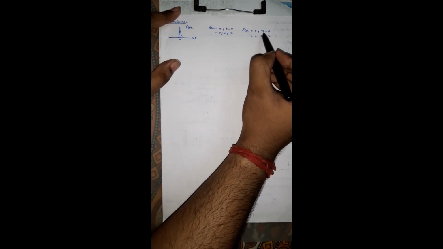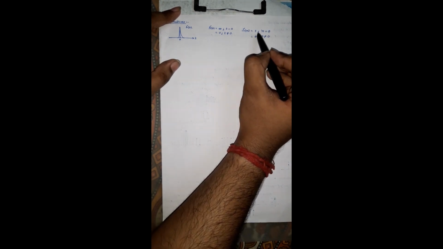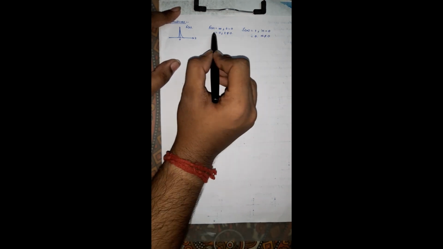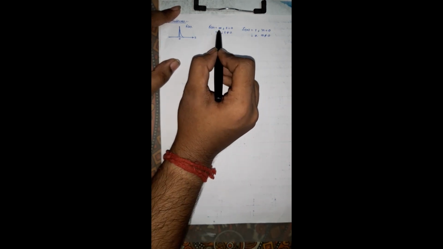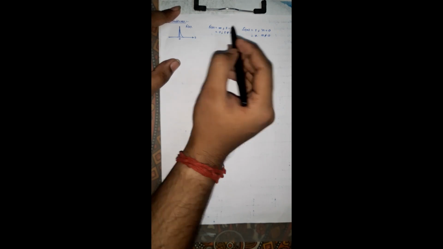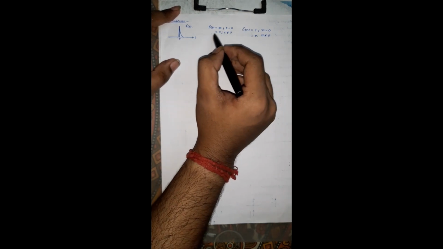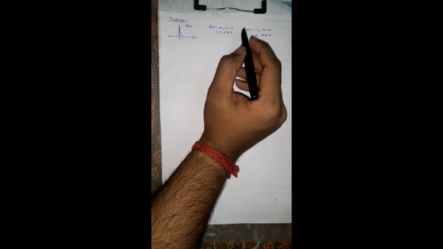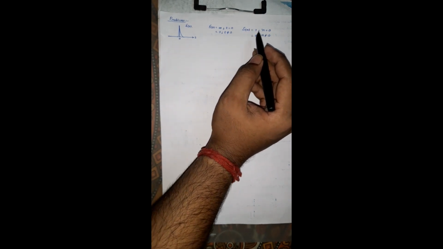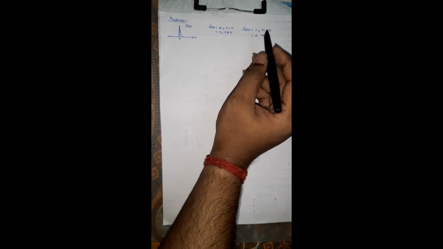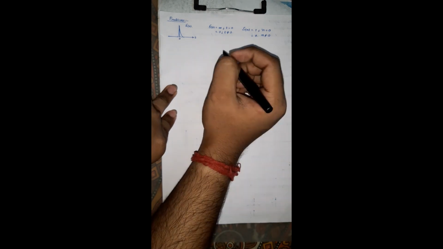At n equal to 0 in the discrete domain the value of the impulse is 1, but in the continuous time domain the value of the impulse is infinite. But at t not equal to 0, in continuous or discrete domain, the value will always be 0.